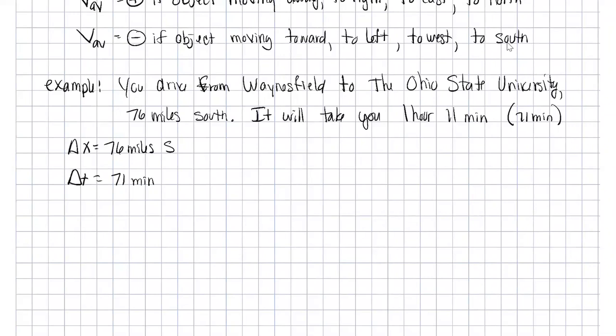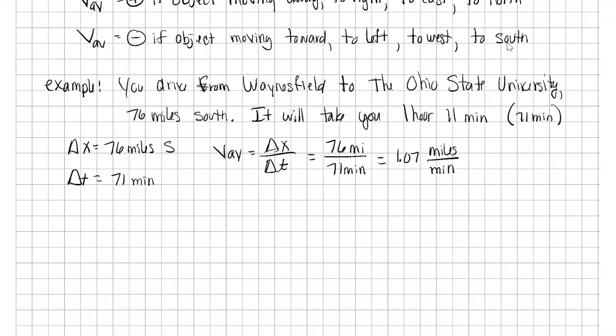So your V average is going to be this equation, delta x over delta t. And when you plug in your values, you have 76 miles over 71 minutes. And that gives you 1.07 miles per minute.